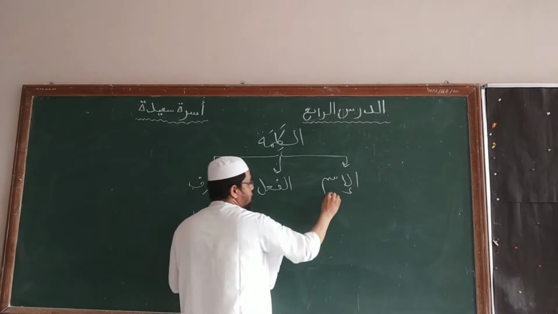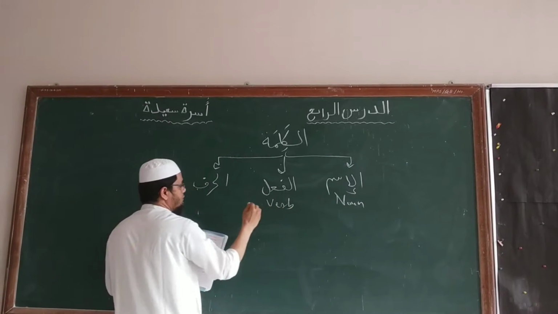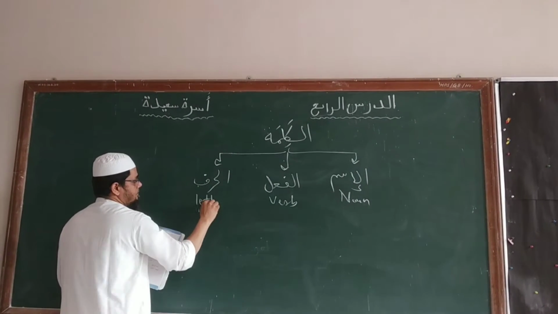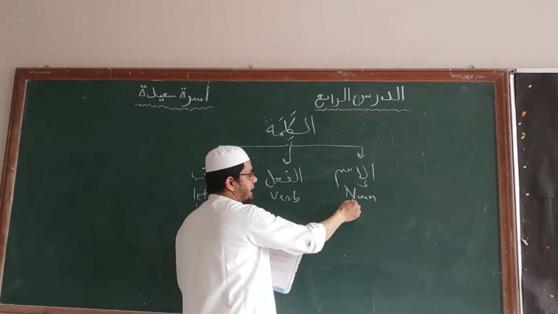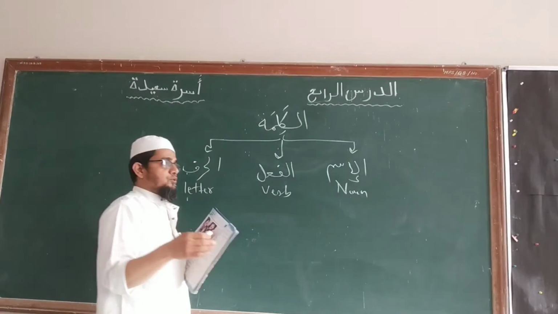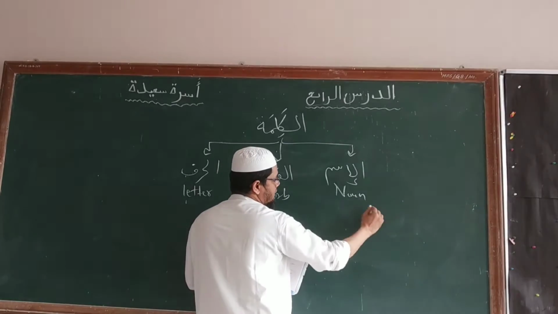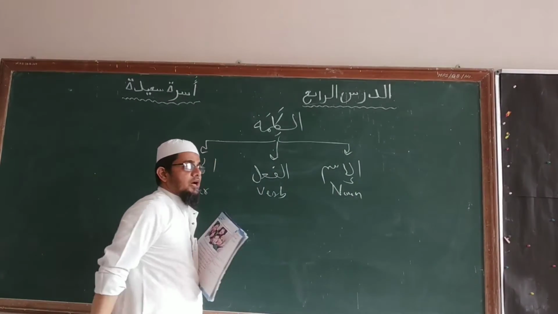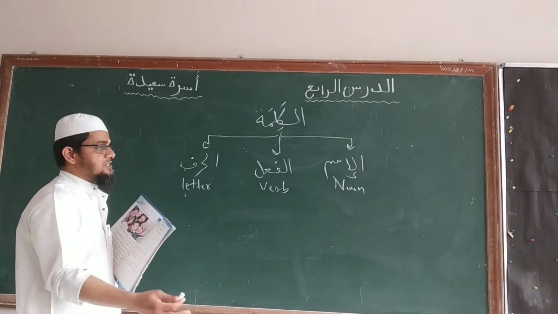Ism, you know, is noun; fi'l is verb; harf is letter. Regarding noun, inshallah we will learn further. Only I am giving you a hint that nouns are 2 types: jumla ismiya and jumla fi'liya. One is nominal sentence and another is verbal sentence.